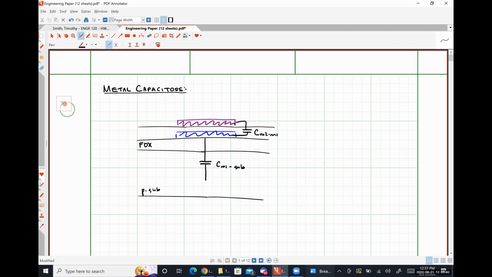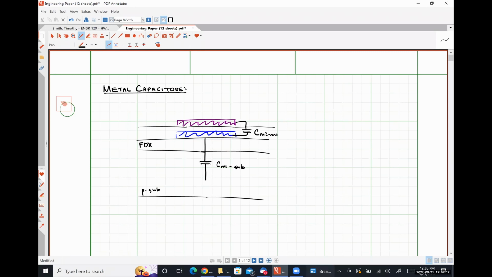The reason is that the distance between the metal layers is significantly greater than the distance between the polysilicon layers, okay? We also get a smaller bottom plate capacitance because our bottom plate, the lowest level, which is metal 1 in this case, is significantly further away from the substrate than the poly 1 layer was as well.